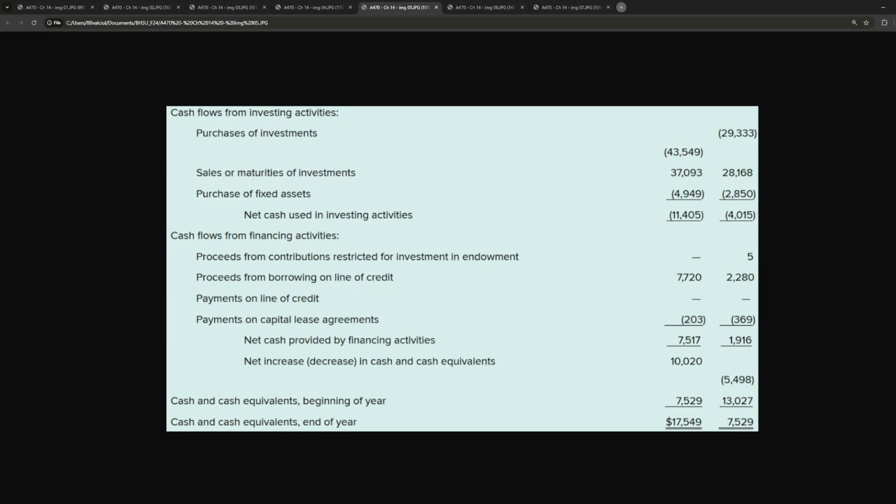Now, one thing I want to say about plant, property, and equipment is that, and you can read some of the rules in the textbook, assets used for acquisition of building and equipment is a normal investing activity, purchase of fixed assets.